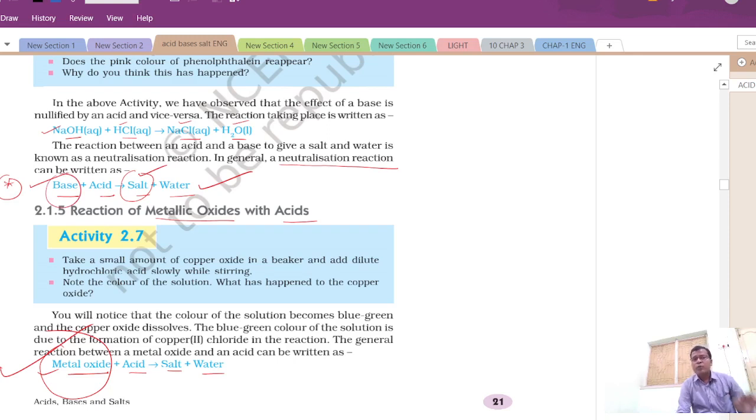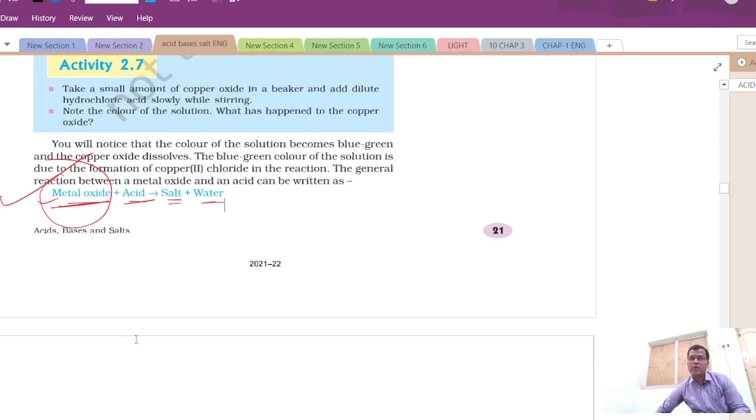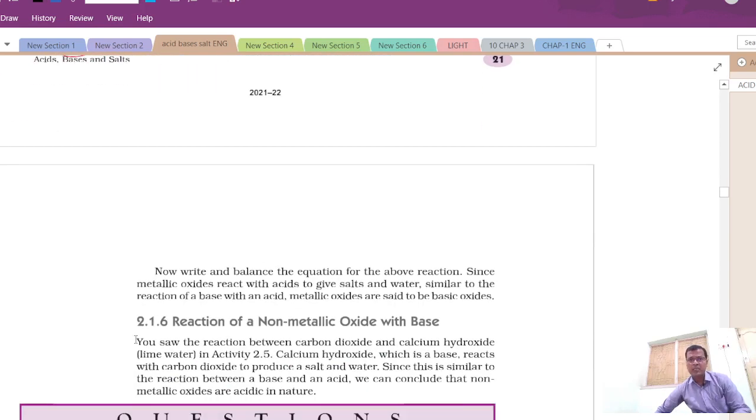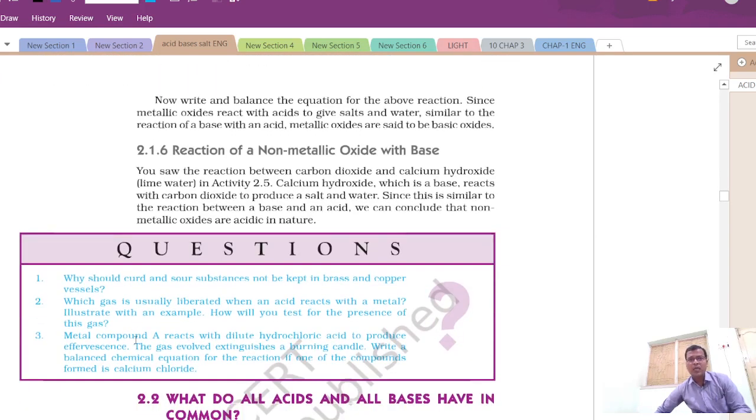Some bases are soluble in water. They are called alkali. So remember, whenever a metallic oxide reacts with acid, salt and water are formed. Either a base or a metallic oxide, they are the same.